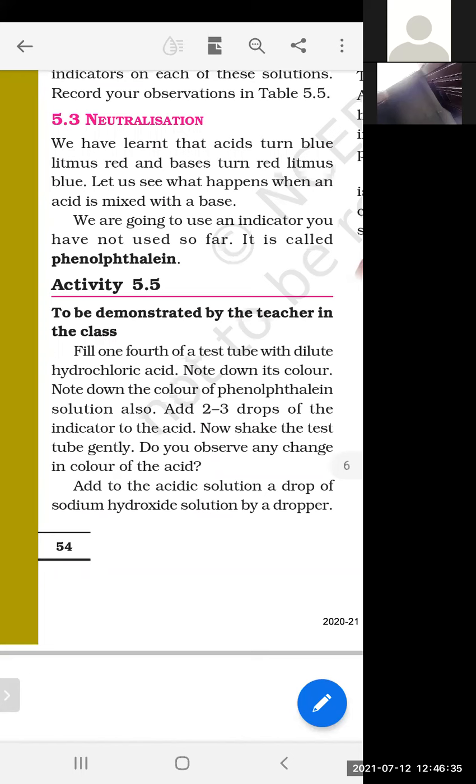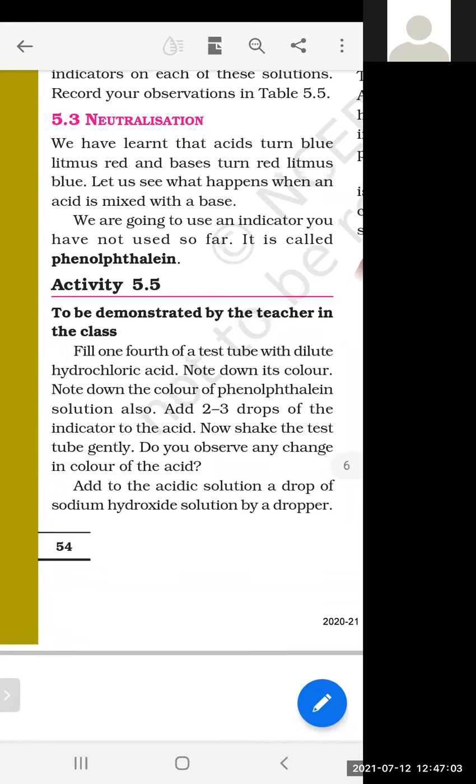To be demonstrated by the teacher in class or in laboratory: fill 1/4 of a test tube with dilute hydrochloric acid. Note down its color. Note down the color of the phenolphthalein solution also. Add 2-3 drops of indicator to the acid, meaning 2-3 drops of phenolphthalein solution.